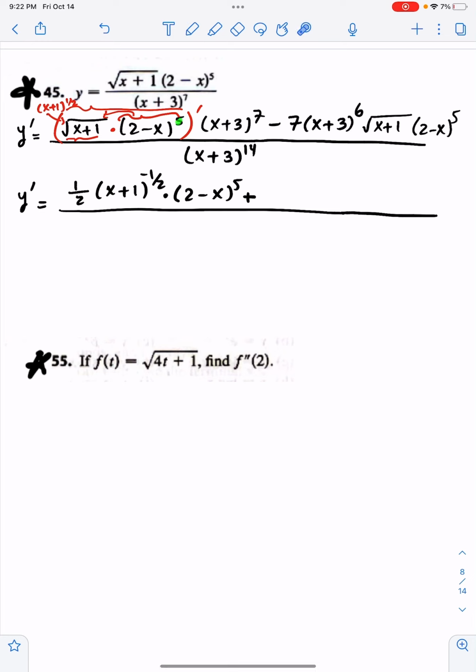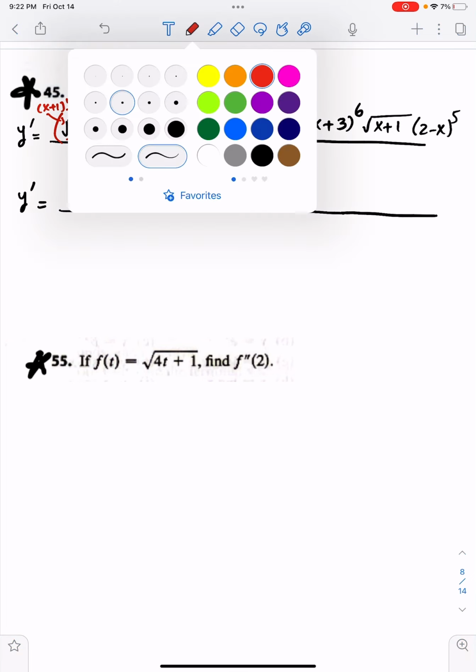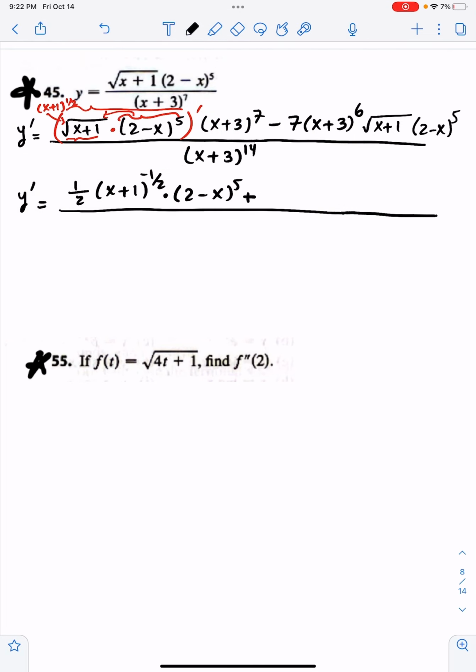To find derivative of the second piece, you bring that to the front of the parentheses. So that would be 5 times (2 minus x) to power 4 times radical x plus 1. And we need to write and carry the rest, everything else we had here. So we need to rewrite them.